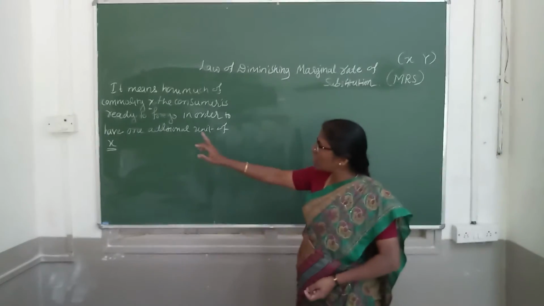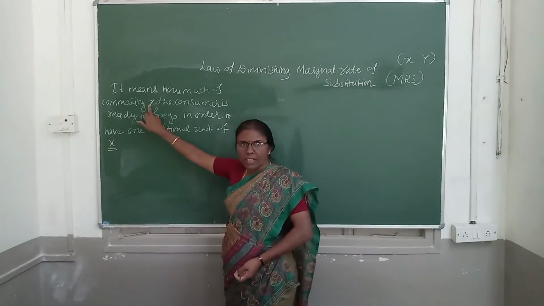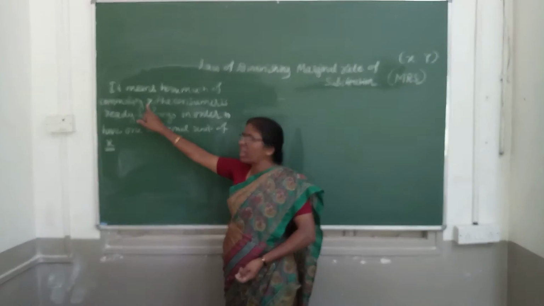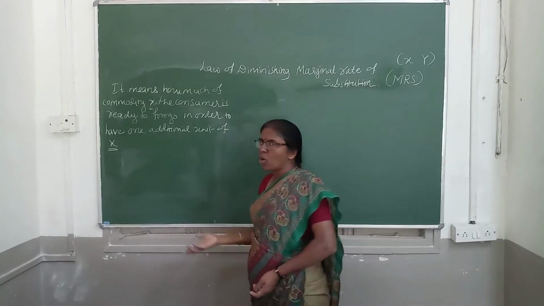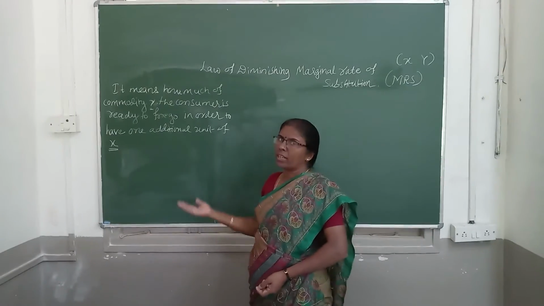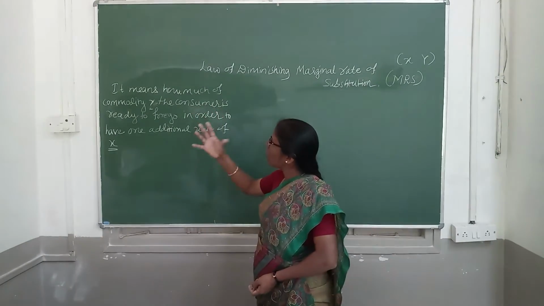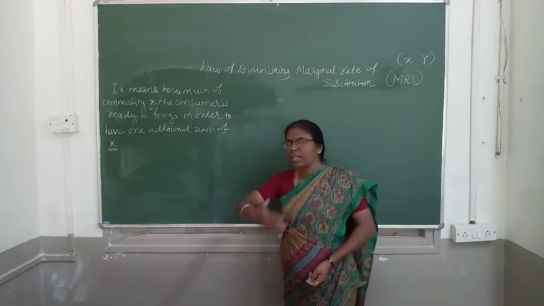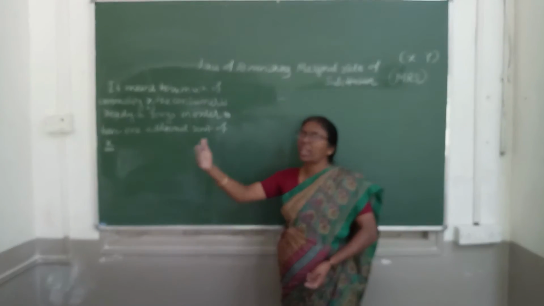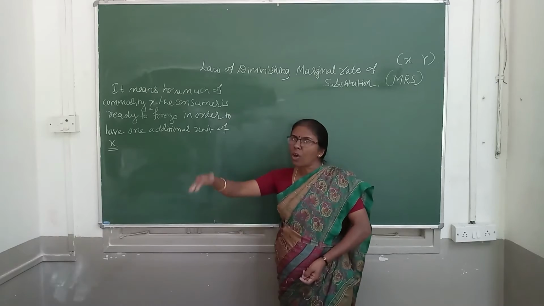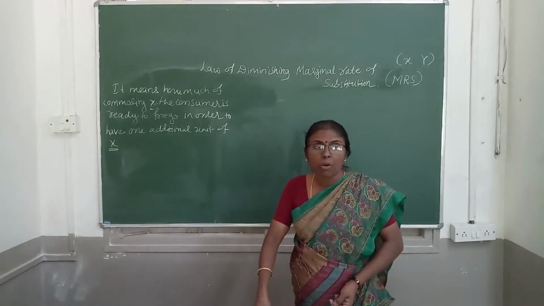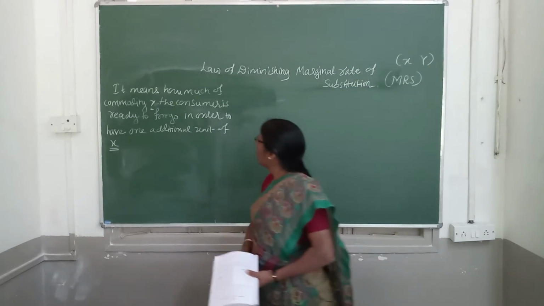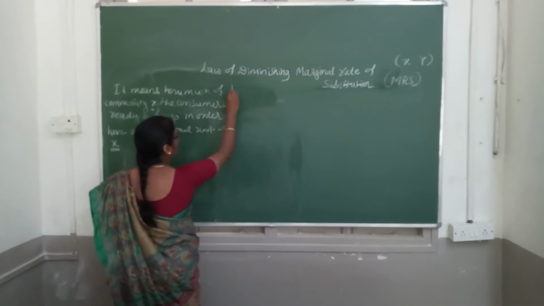If you want to purchase more of Y, we have to give up X, or if you want to purchase more of X, we have to give up Y. So it means how much of commodity Y the consumer is ready to give up to gain one additional unit of X. That is explained with the help of a very interesting numerical example and the diagram.